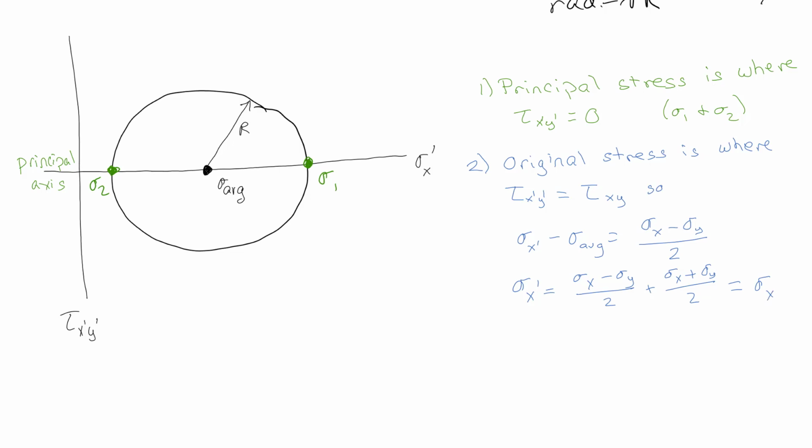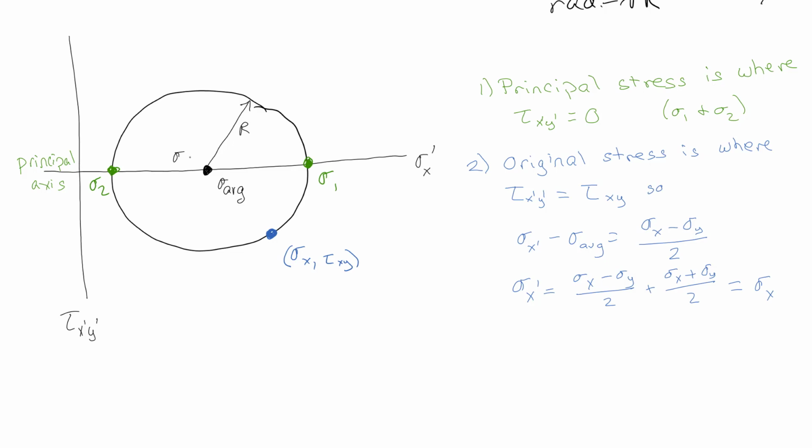So basically there's a specific point somewhere here, and I'm just picking this one arbitrarily. This isn't a specific point because I don't mean real numbers, but essentially you'd have a point right there where you'd have the values sigma x, tau xy. And then the last thing you would want to do is see where we are with respect to the angle to the principal axis.